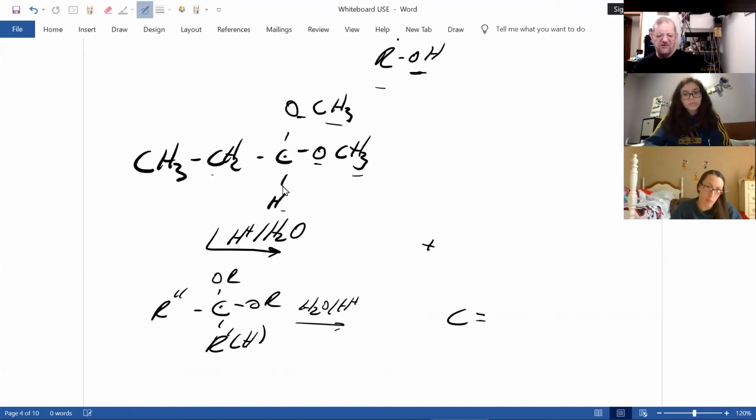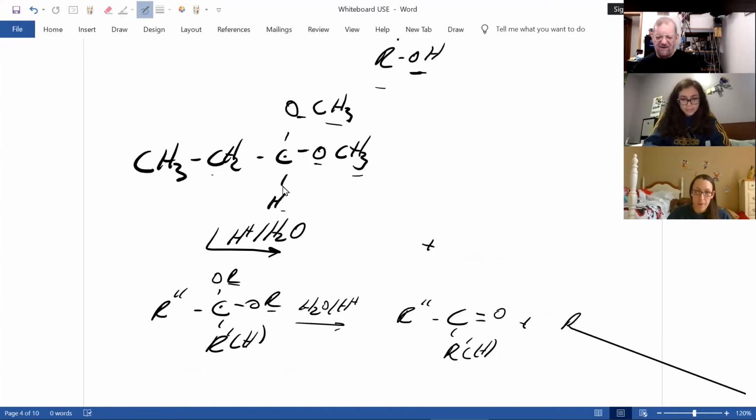What's directly attached to it, that's carbons or hydrogens, is still attached to it. And then these groups here become an alcohol. Now, if you don't want to put the 2 there, you don't have to, which is why I made it real small.